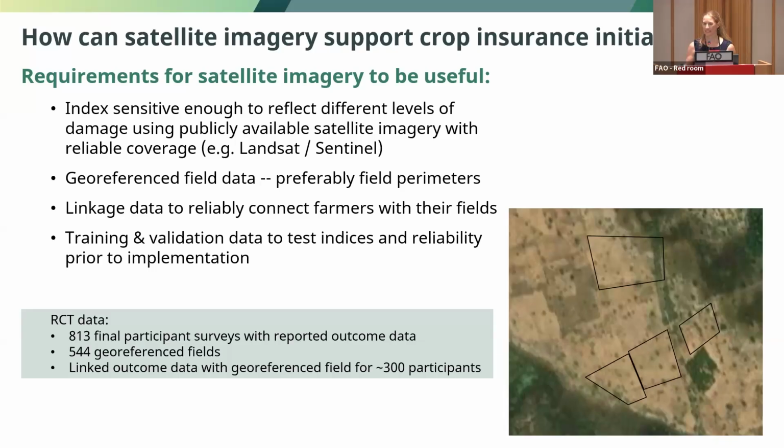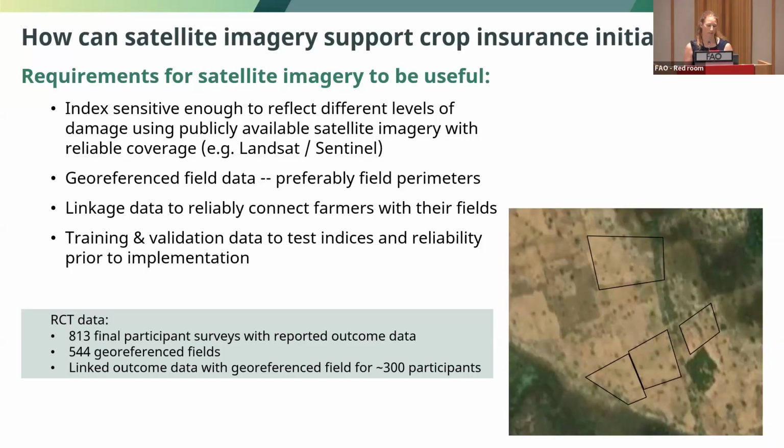So this project has provided these components that makes for a great preliminary analysis. They have 813 final participant surveys, which provides data from self-reported farmer reports about the damages on their fields and the types of damage and the levels of damage.